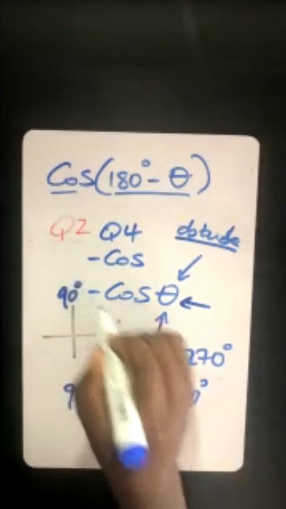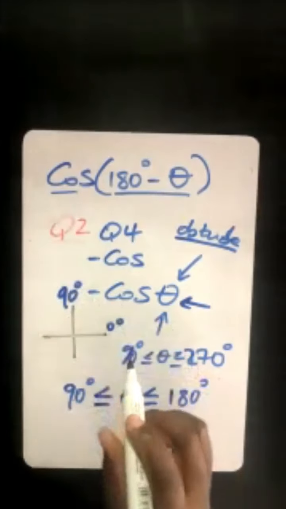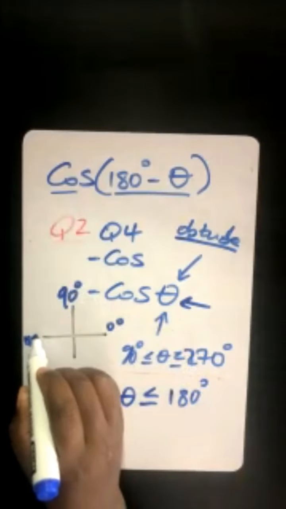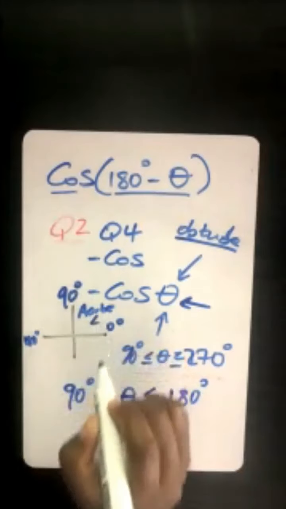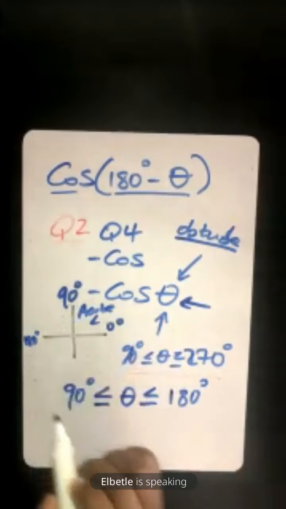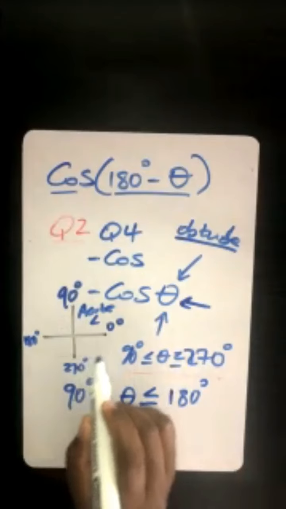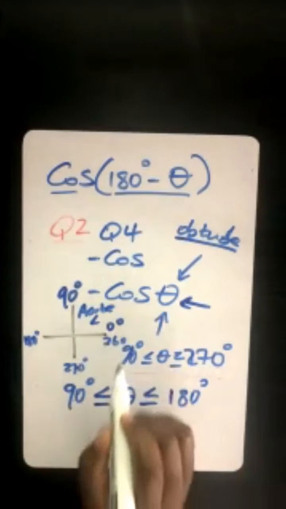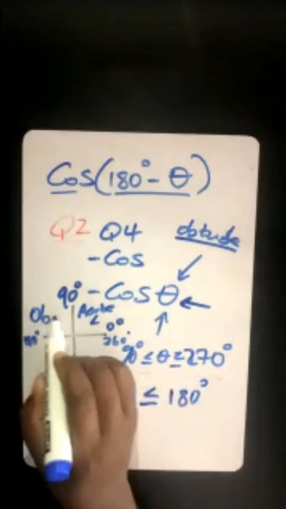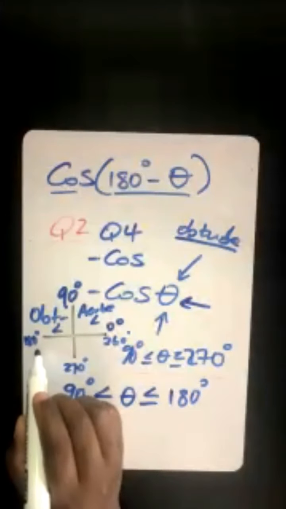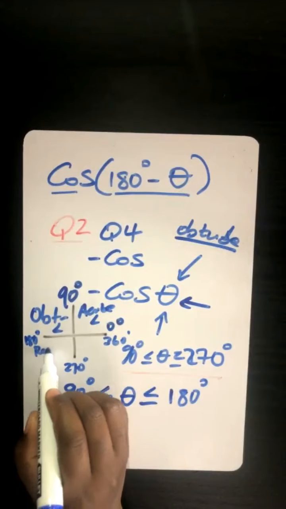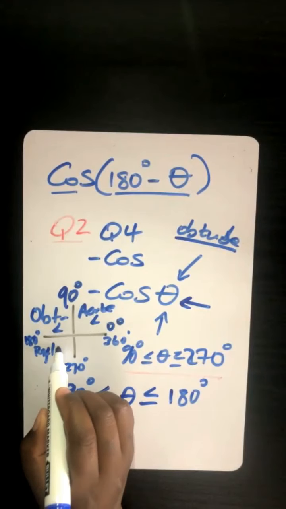Acute angles. Angles which are between 90 and 180, what do we call those angles? Obtuse angles. And then here you said reflex. Did you say reflex? Yes, sir. Okay, a reflex angle.